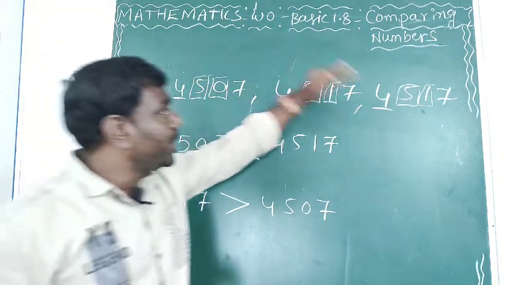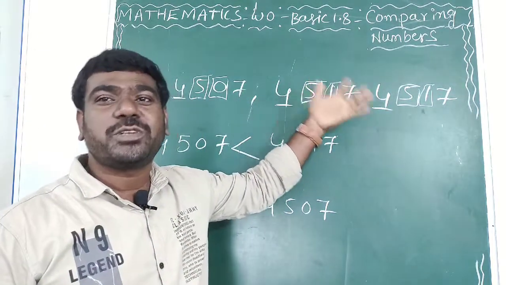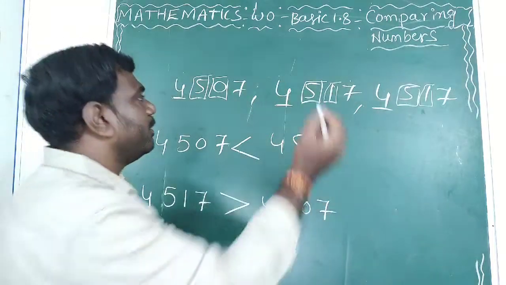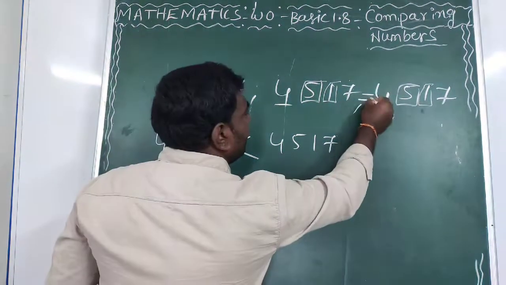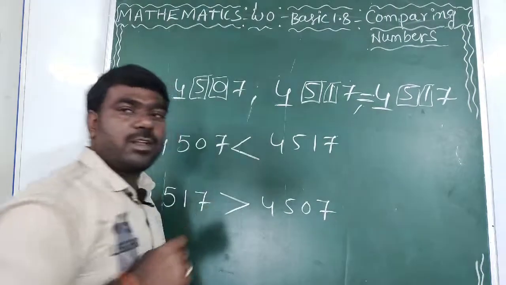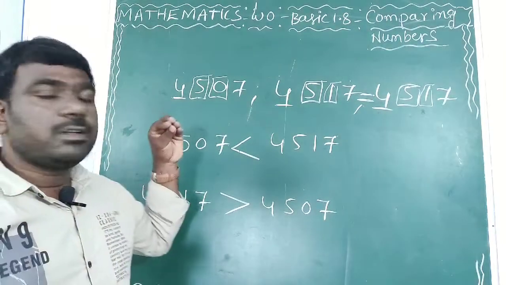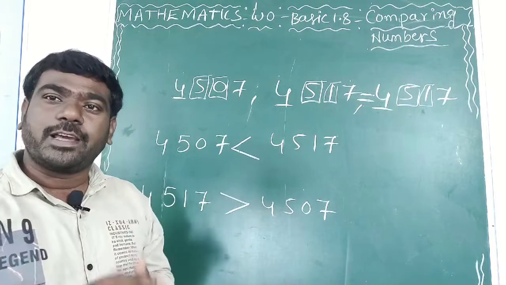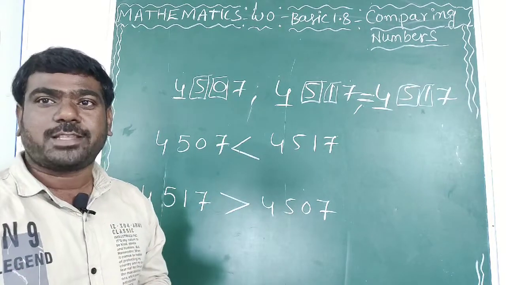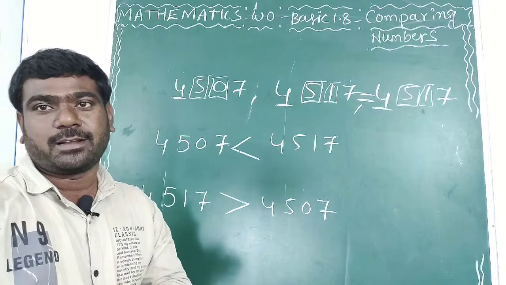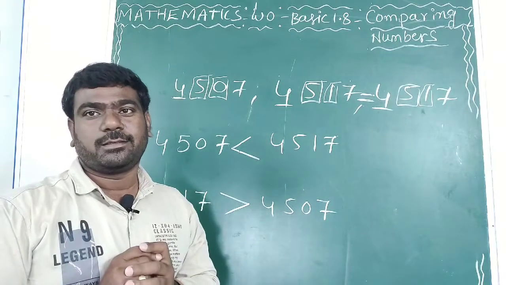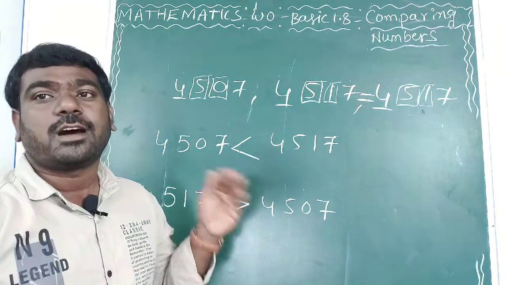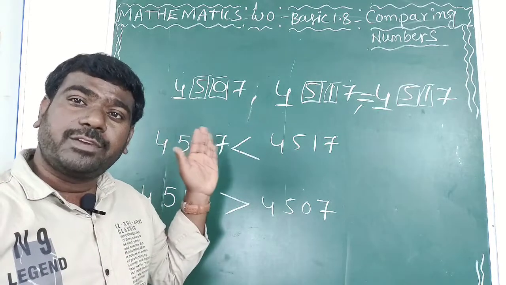Next, these two numbers are equal, so we just have to keep the equal symbol. Like this we can compare bigger numbers and smaller numbers in a very easy manner. Just start with the extreme left digit.